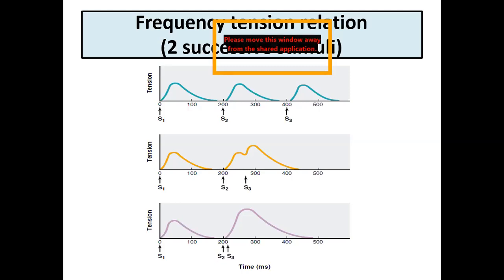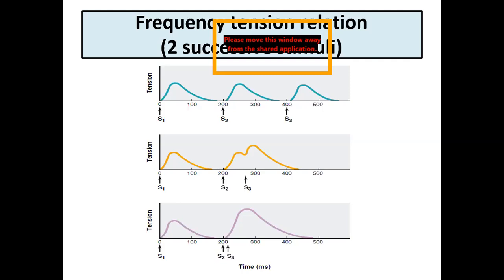So what happens to the total amount of calcium in the sarcoplasm? Greater than normal. If it is greater than normal, what will happen to the number of cross bridges? It increases. More cross bridges means the muscle tension is going to increase.